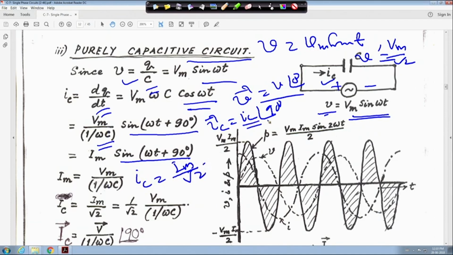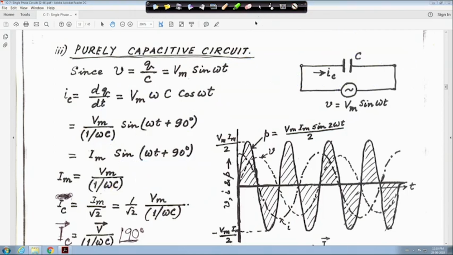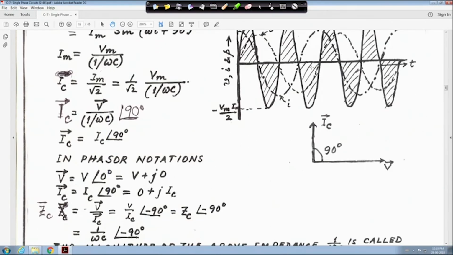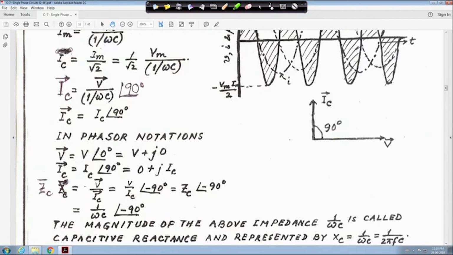Whenever you write phasor, it is the RMS value. So, IC is equal to Im by root 2 and Im is given by Vm upon 1 upon omega c, right. So, similar way if you proceed, you will get your Z.